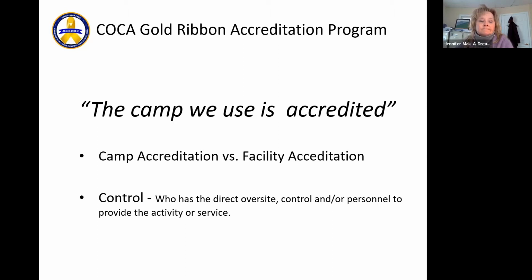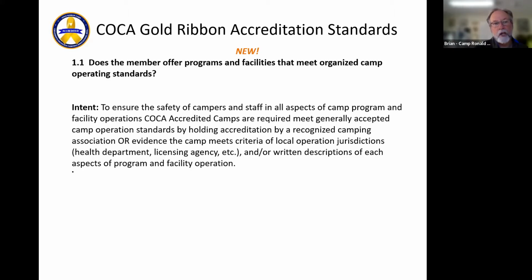Yeah. So let's take a look at 1.1. And as we walk through, once again, it asks whether or not the member, and the member is the COCA camp, has COCA membership, and whether or not they offer program and facilities that meet organized camp standards.